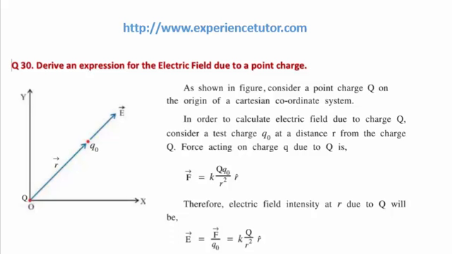Force acting on charge q0 due to charge capital Q is F is equal to K Q q naught upon r square unit vector r. Therefore, electric field intensity at r due to Q will be E is equal to F by q naught is equal to K Q upon r square multiplied by unit vector r.